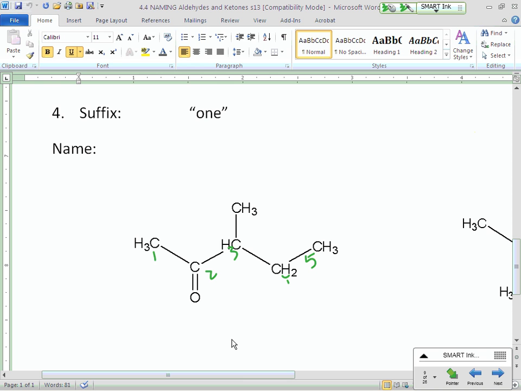So what's our base name for this before we put any branches? Yeah, very good. It's a 2-pentanone. And now I've got a branch, obviously. That branch could be in different positions, so I need a number. What's our branch? It's a 3-methyl. 3-methyl 2-pentanone. Okay?